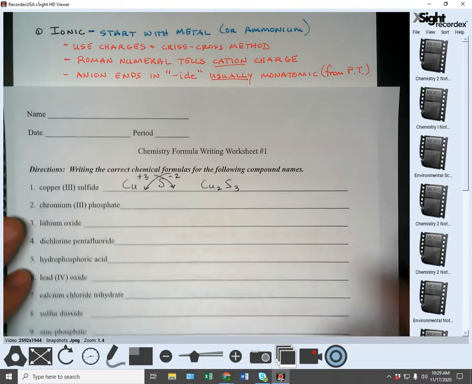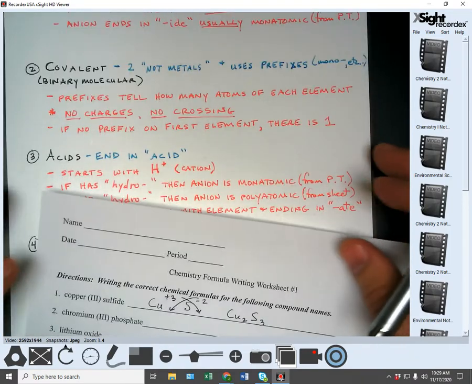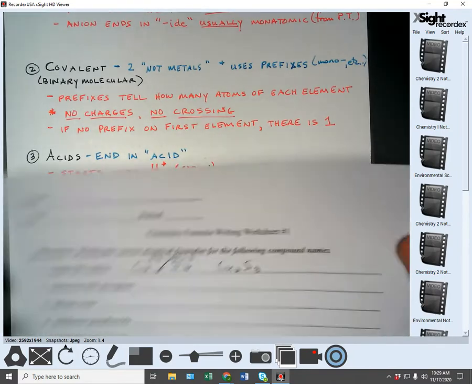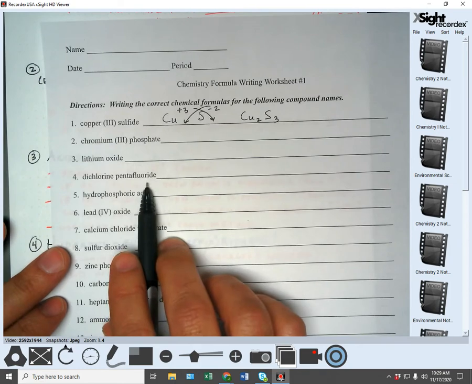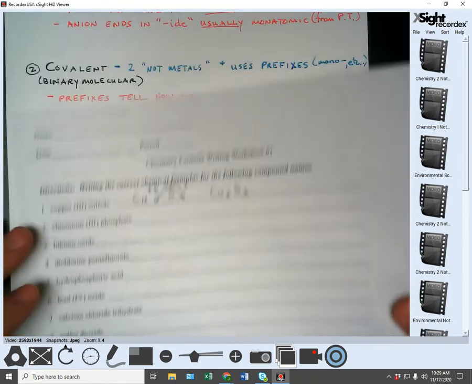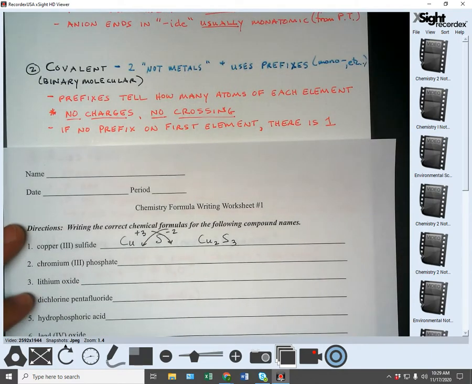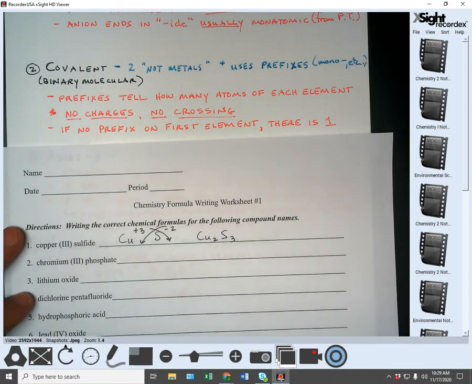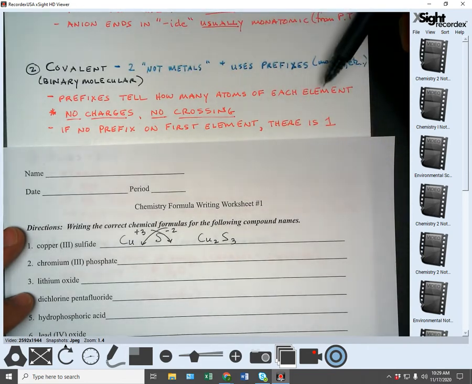Covalent. Ones that use prefixes, the mono, di, tri stuff. Like number 4, dichlorine pentafluoride. That's a covalent. There are no charges, no crossing on covalent. You don't use any of that. Very simply, the prefixes tell how many atoms of each element there are.